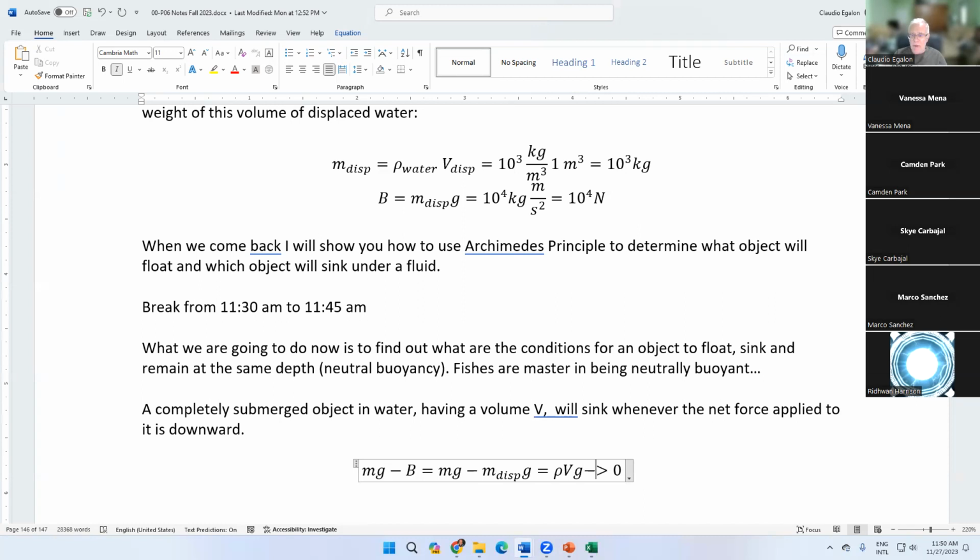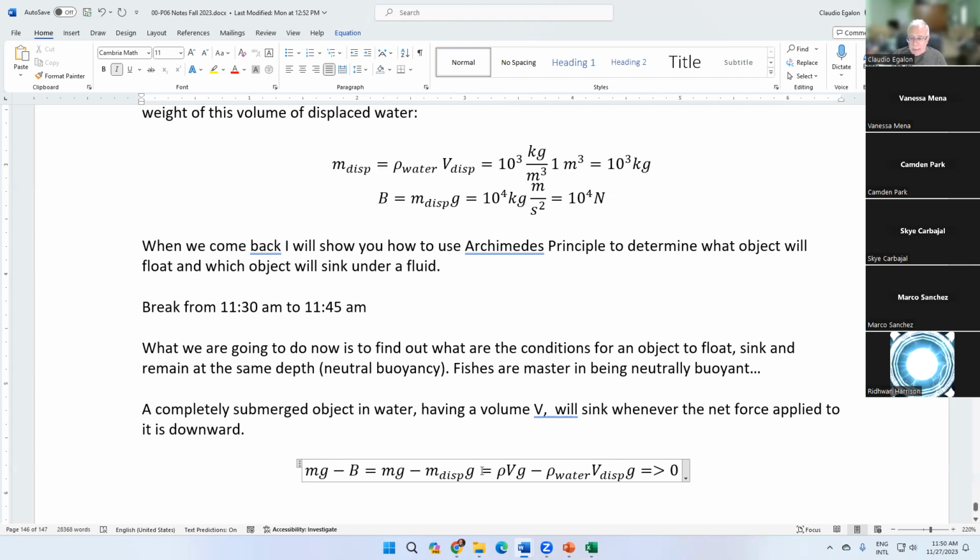And we can do the same for the water as well. The density of the water, exactly water, nothing else, times the volume of the displaced fluid, which coincides with the volume of the object because the object is fully submerged, must be greater than 0.